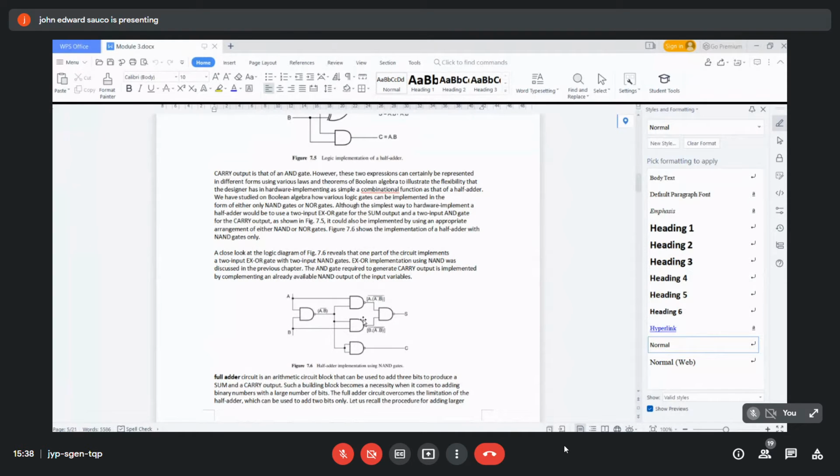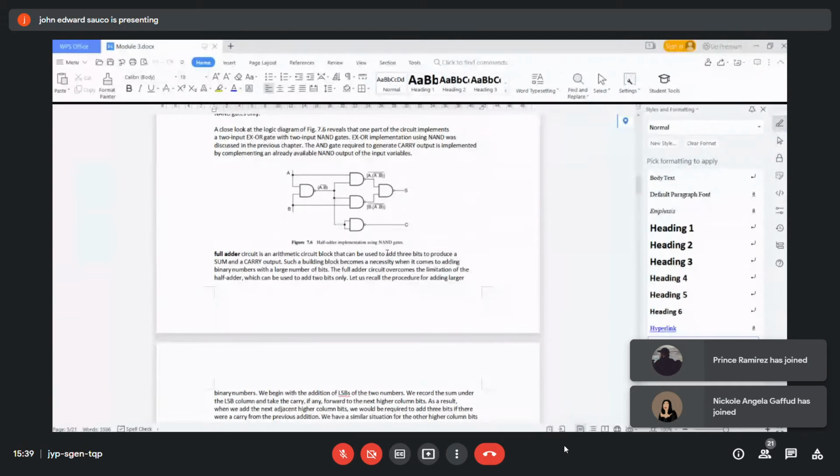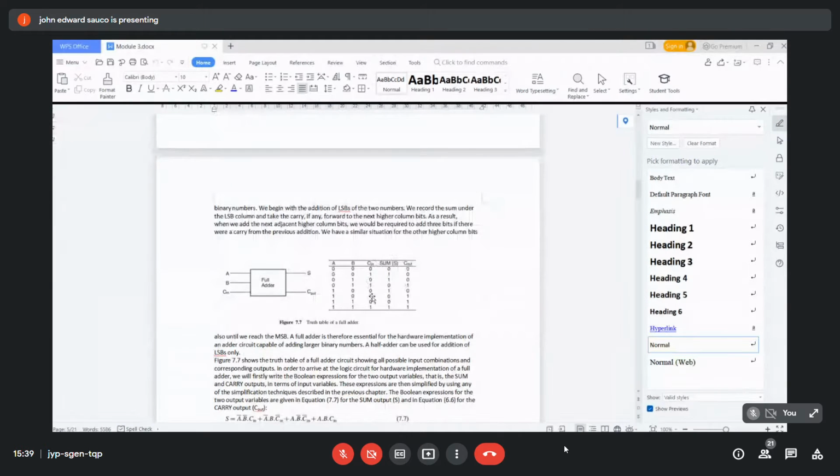So siya is, pwede siyang gawing AND gamit lang yung NAND. So sa full adder, process na ng 3 bits minimum. So, may sum and carry pa rin. So, kaya lang dito is may carry in din tayo. And output pa rin is sum and carry out.